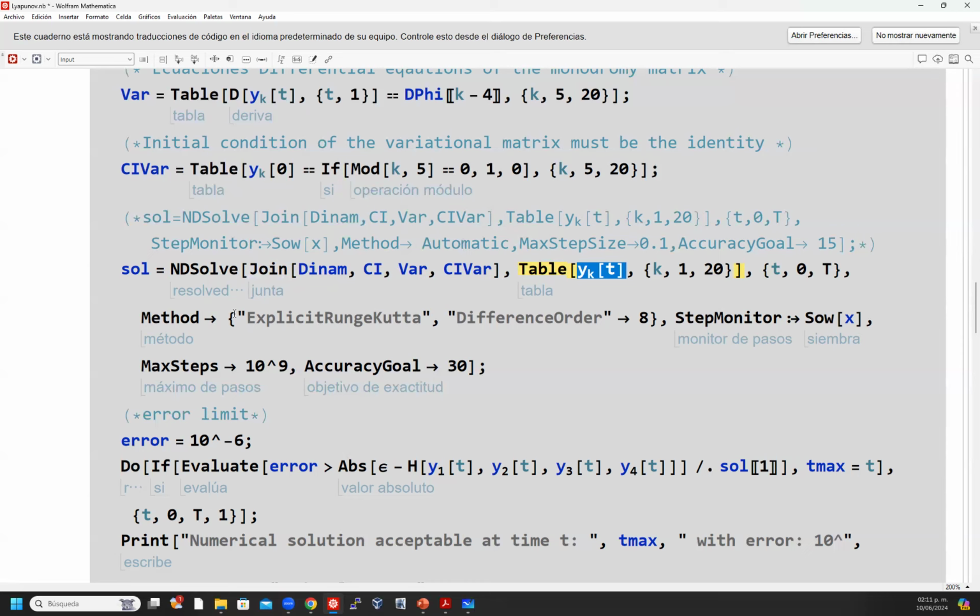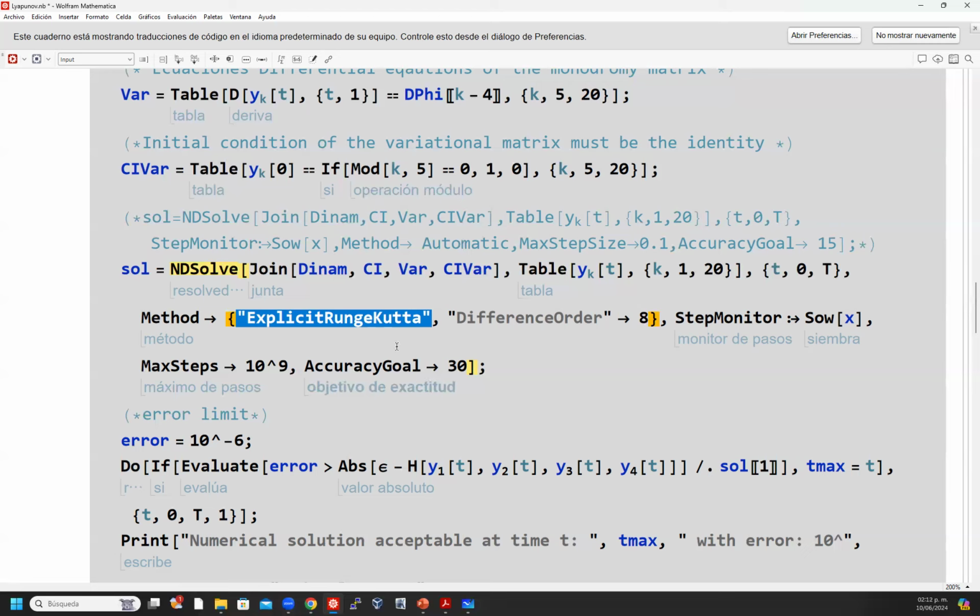And I specify the method. I use explicit Runge-Kutta of order 8. Sometimes in some packages like Python, people use order 4, and it's fine. It depends on the resolution that you want numerically.